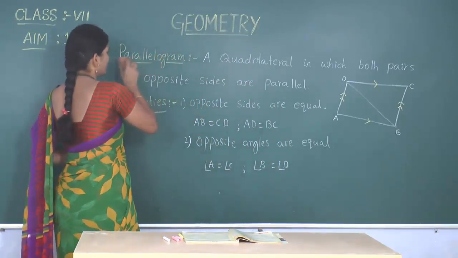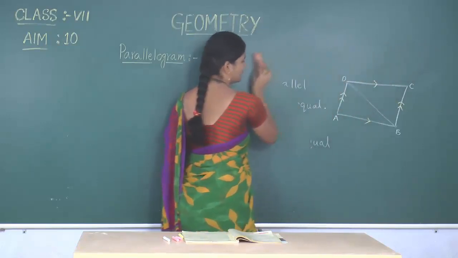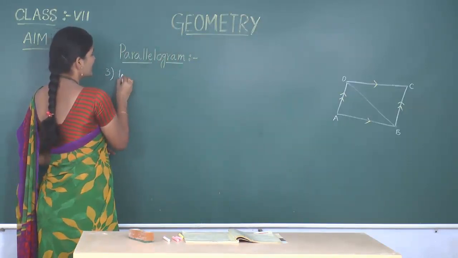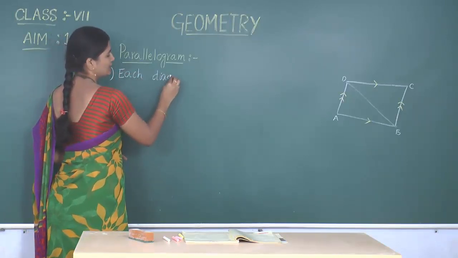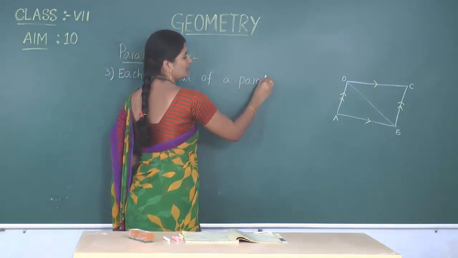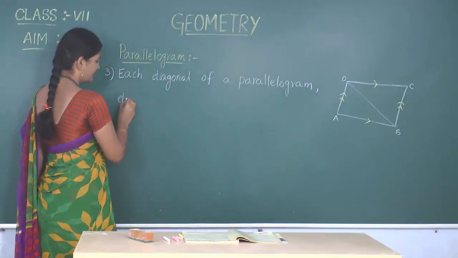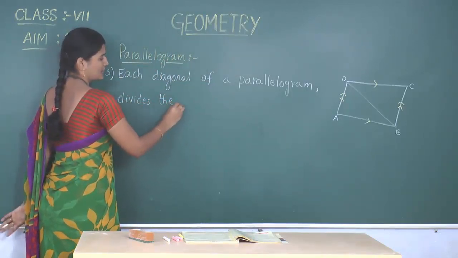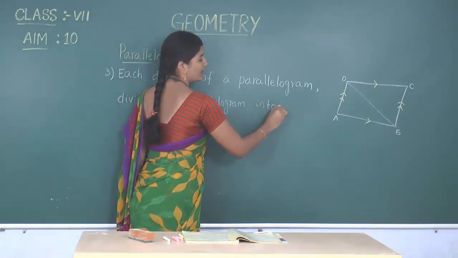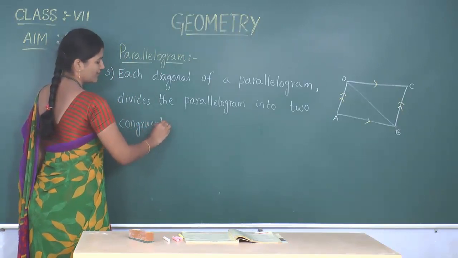Now let me write. The third property is: each diagonal of a parallelogram divides the parallelogram into two congruent triangles.